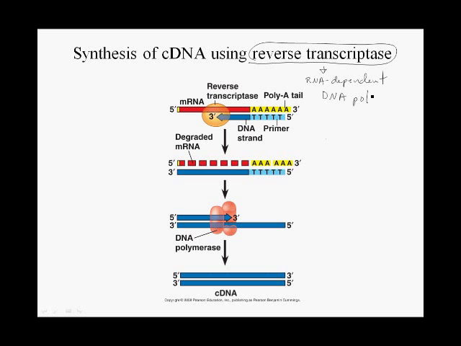The enzyme reverse transcriptase was first discovered in retroviruses. The most famous of the retroviruses, to ordinary people anyway, is HIV.